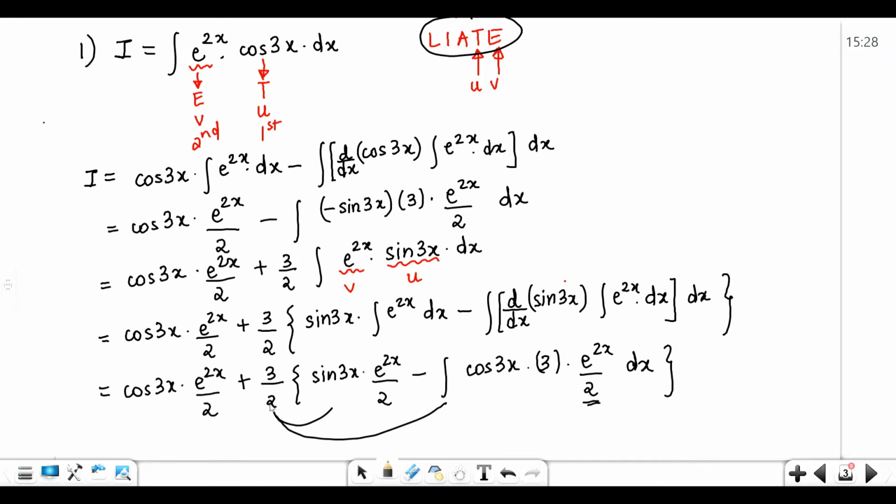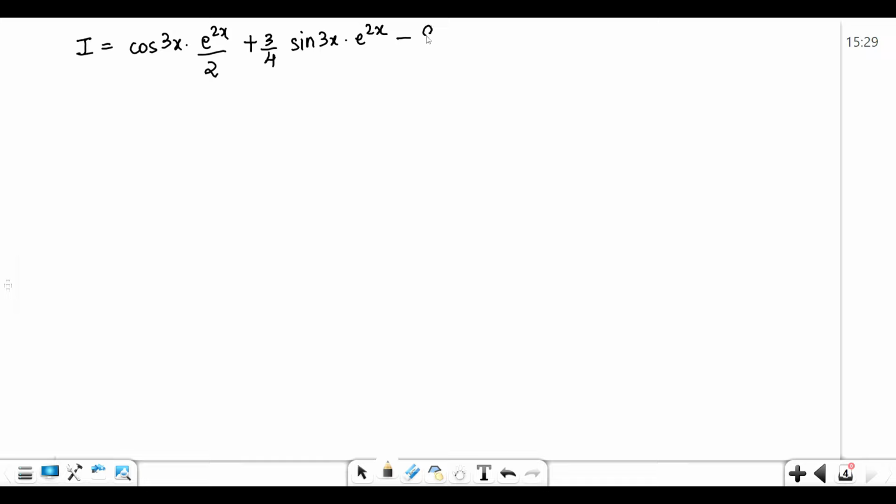Now this 3 by 2 will also multiply the third term. So that will be 3 by 2, and this 2 will be multiplied, so 3 by 4, and also we have here 3, so 3 by 2 times 3 by 2 will become 9 by 4 with the minus sign. 9 by 4 integration cos 3x e raised to 2x dx.